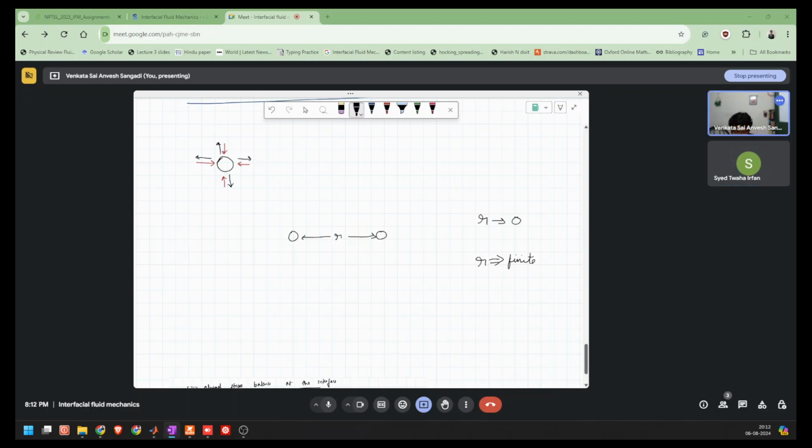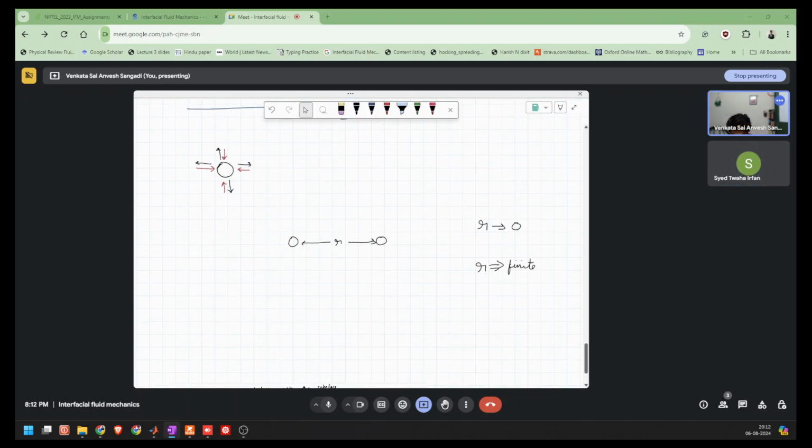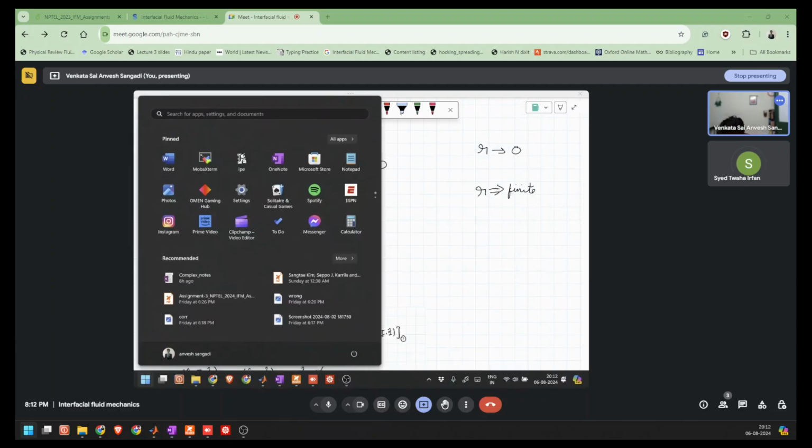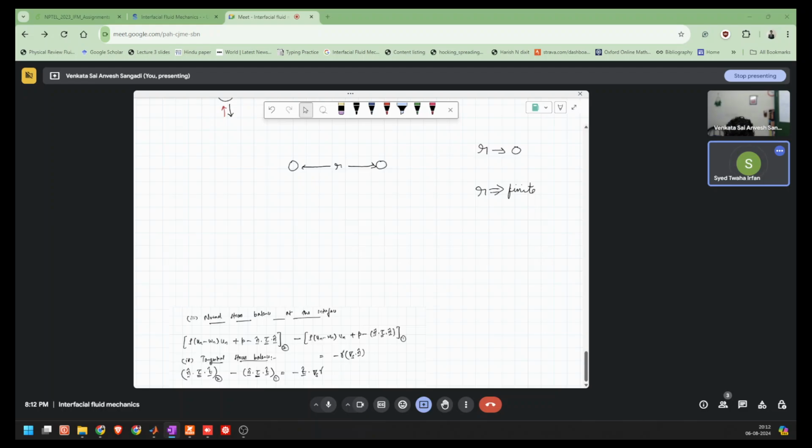When r is finite, I'll make the graph also.